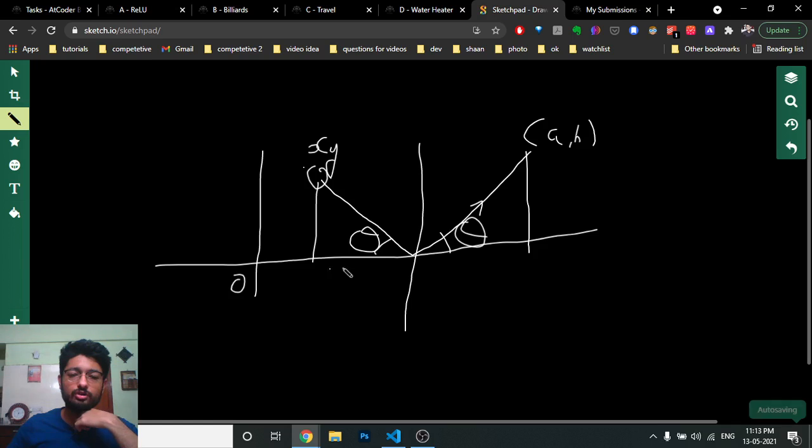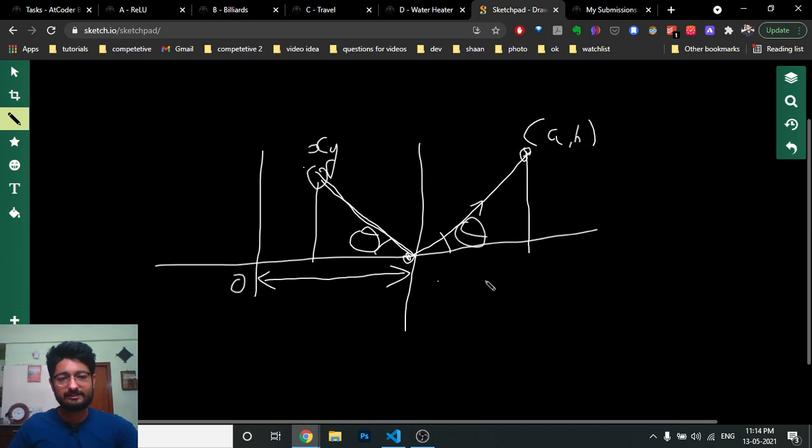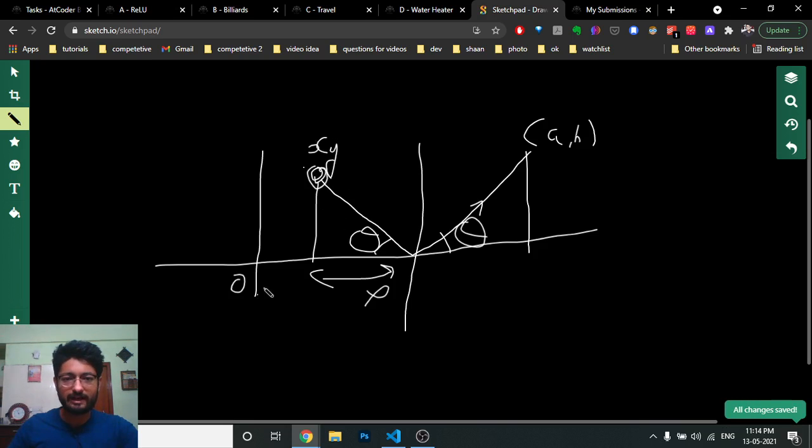Let's assume that you want to find out this distance now. Actually, at what position you have to hit, this is the x coordinate at which you have to hit your ball such that it will go to this point. So instead of taking this, just take this length as x, because we know the x coordinate of this point, so we can add this x.